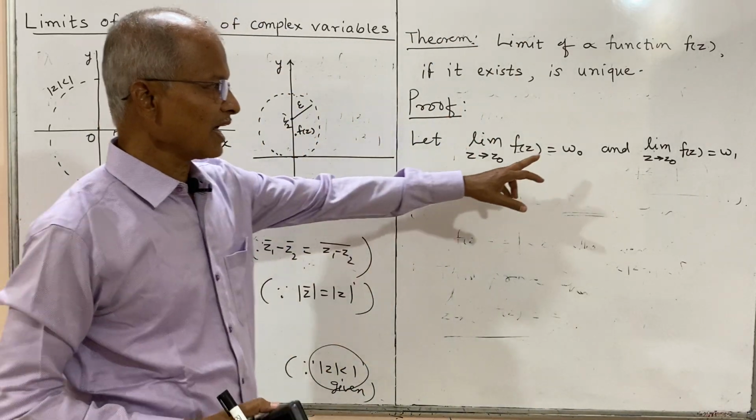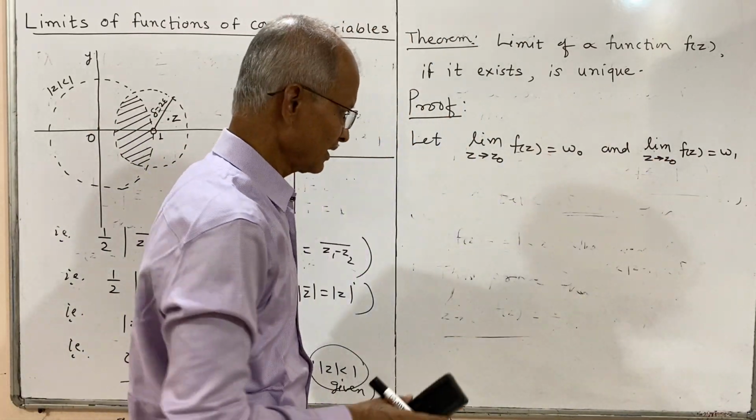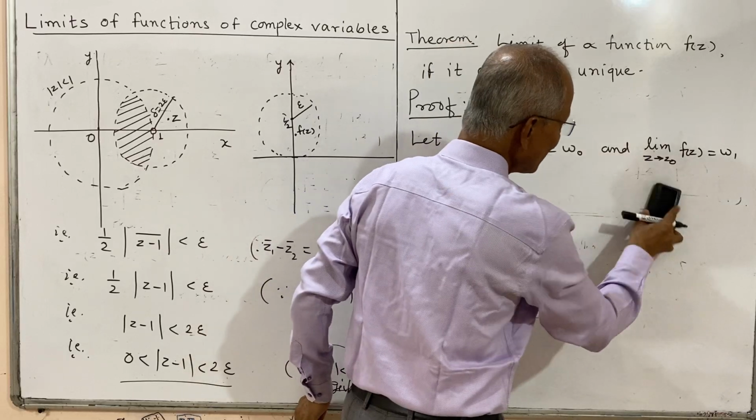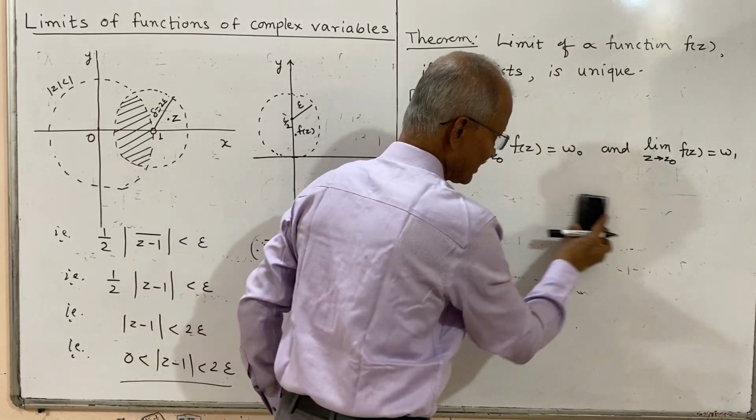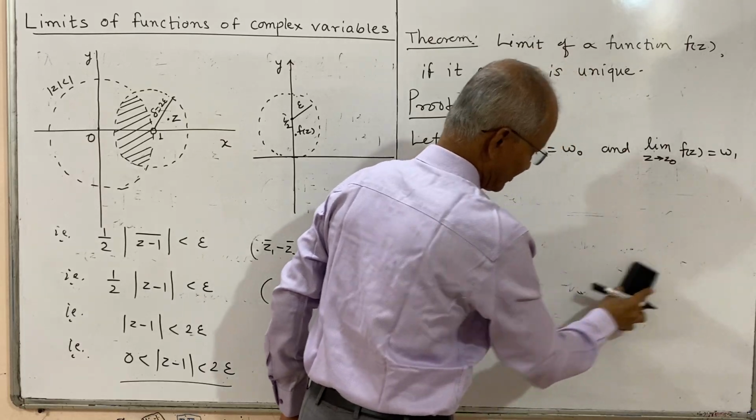Let us suppose there are two limits, w0 and w1, and then what we will prove is w0 is equal to w1. That means there exists only one limit. The two limits are equal.